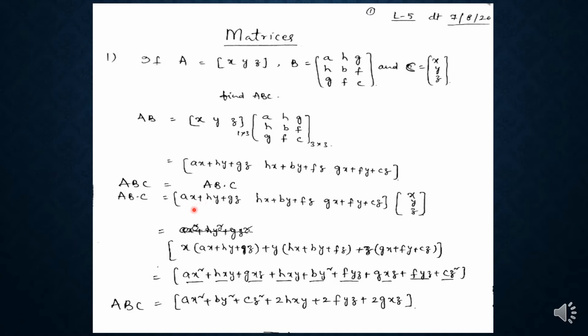Now, by taking the row elements into column elements, we get the resultant matrix. The order of the resultant matrix will be 1 by 1, that means only one element.